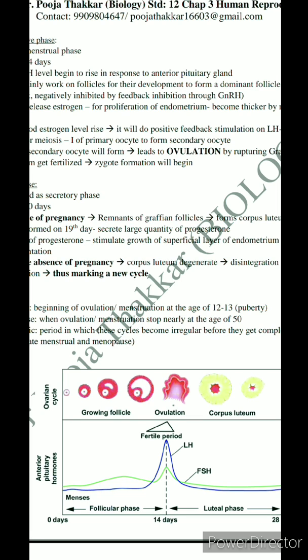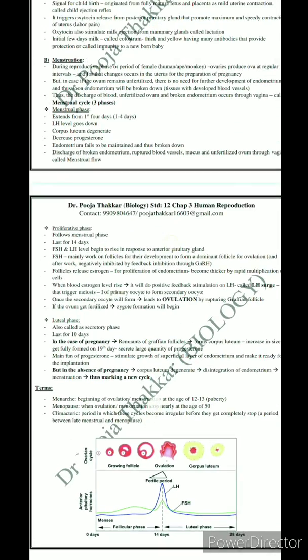Simultaneously, you can draw two colored lines. One will be estrogen, which is high from day 0 to the 14th day, and the following level will be high for progesterone. The progesterone remains high in the case of pregnancy, but if fertilization doesn't happen, it is not needed, so its concentration falls down.